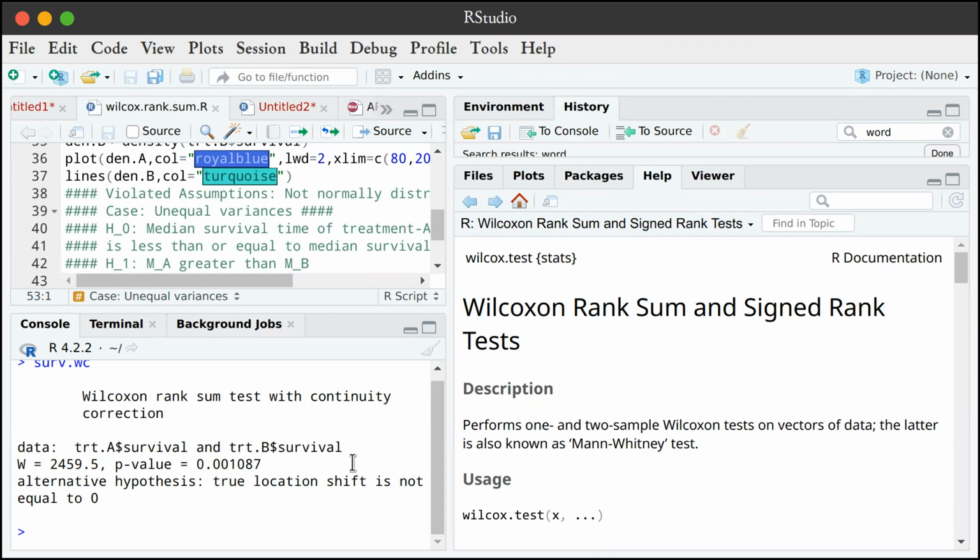That's U. So even though it is shown as W, the value that we found is U. The p-value for our test here is 0.001087.